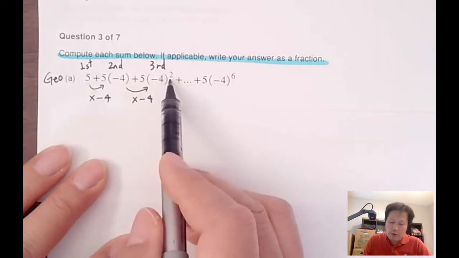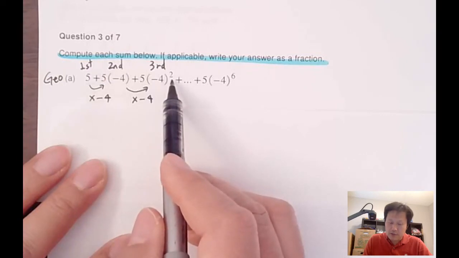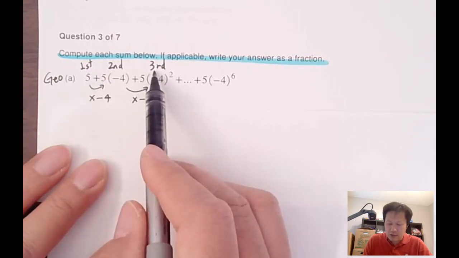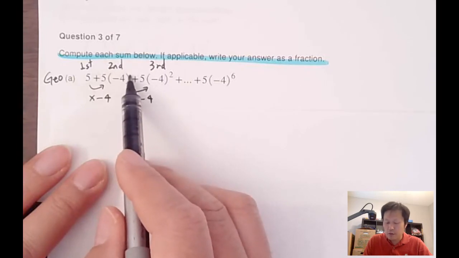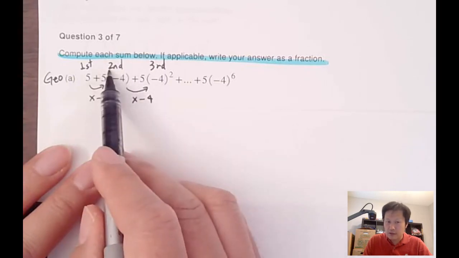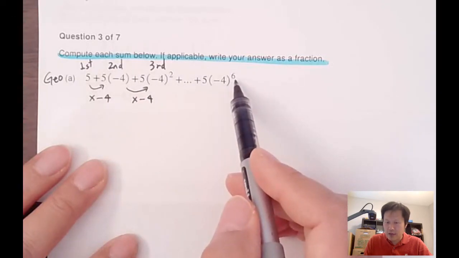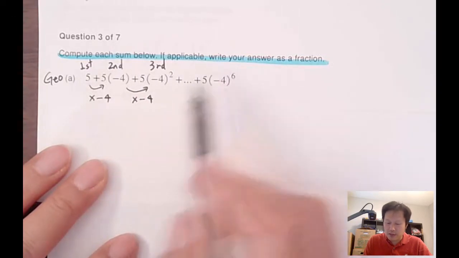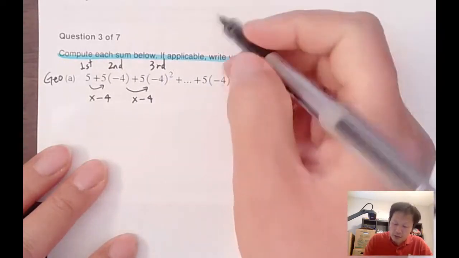Power of minus 4 is 2, index is 3. Power of minus 4 is not there, meaning it's the first power, index is 2. So if the power of minus 4 is 6 for the last term, what should be our index? It should be 1 higher in this question. So that should be the 7th term.